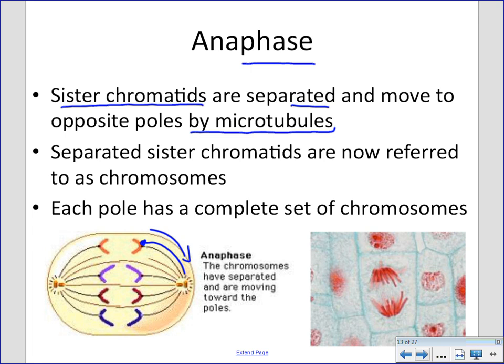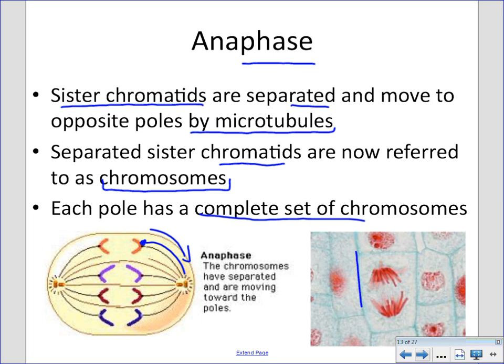Once those sister chromatids have been separated, they now get referred to as chromosomes. As those microtubules contract, each pole will now have a complete set of chromosomes.